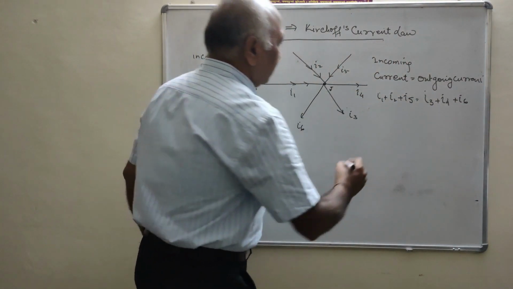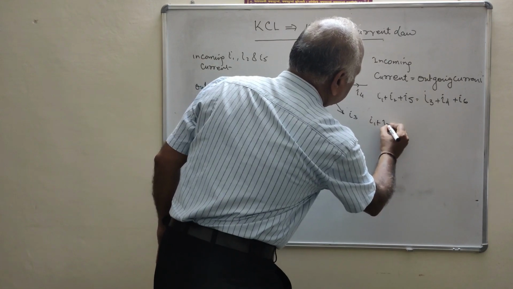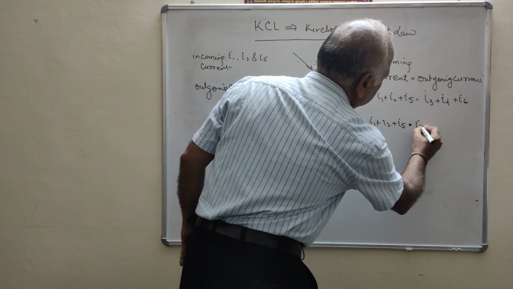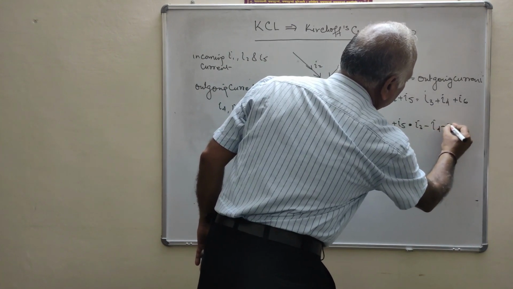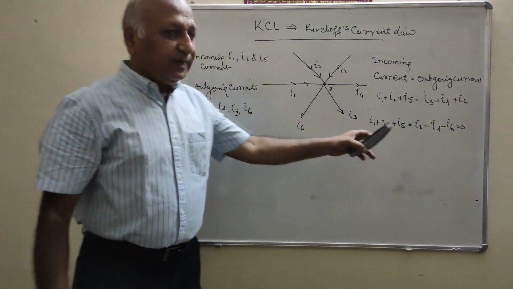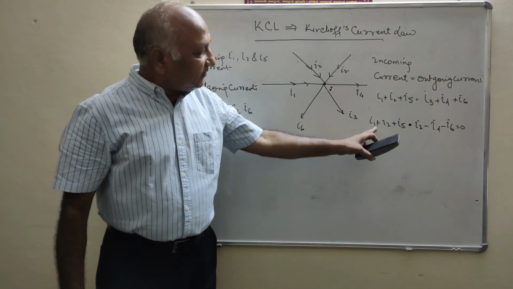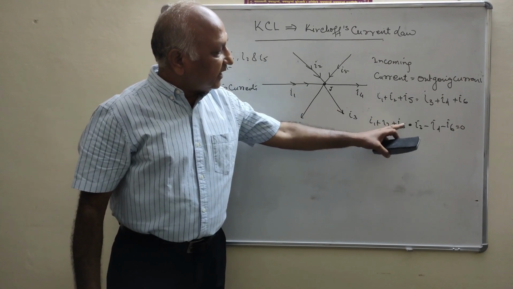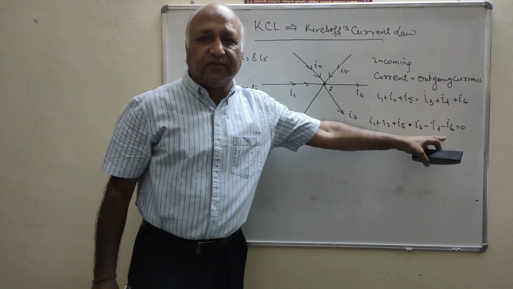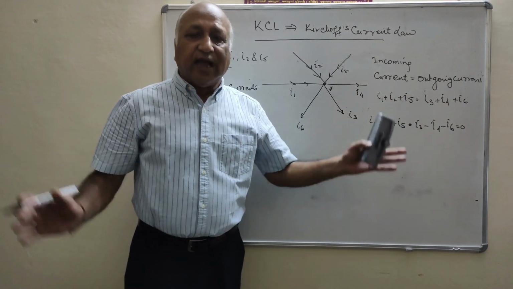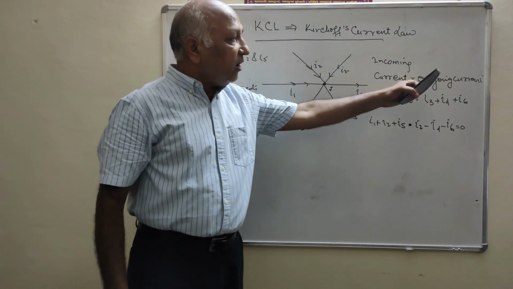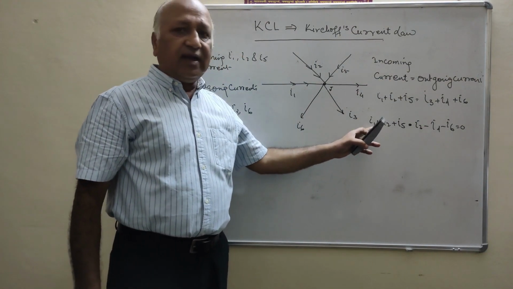Or you can say I1 plus I2 plus I5 minus I3 minus I4 minus I6 is equal to 0. That means the algebraic sum of the incoming current and outgoing current is 0 at the junction.